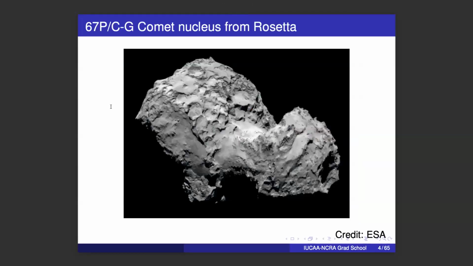So ESA has succeeded in landing a probe onto a comet, and they even have photographs from the surface of the comet. This is the comet 67P, and Rosetta is the name of the probe that was sent to study this comet.